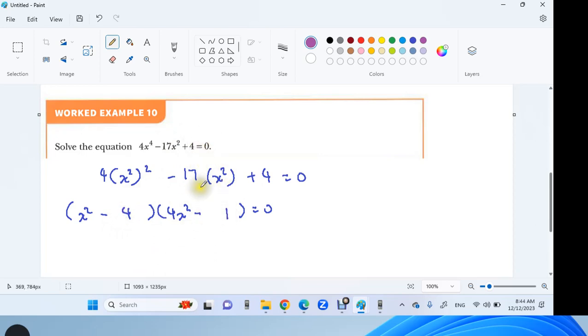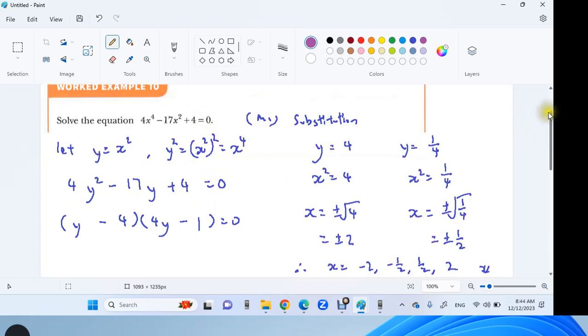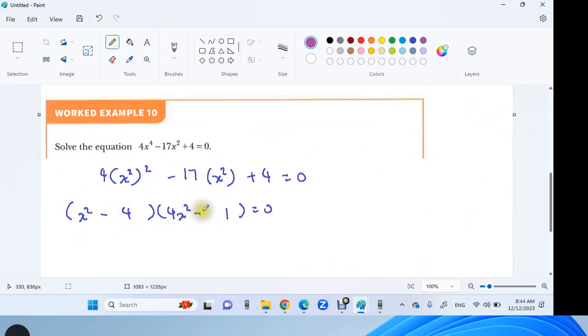It's actually the same, so you can skip the substitution step here. So y minus 4, 4y minus 1, that is x squared minus 4, 4x squared minus 1, straight. Then you have x squared equal to 4.